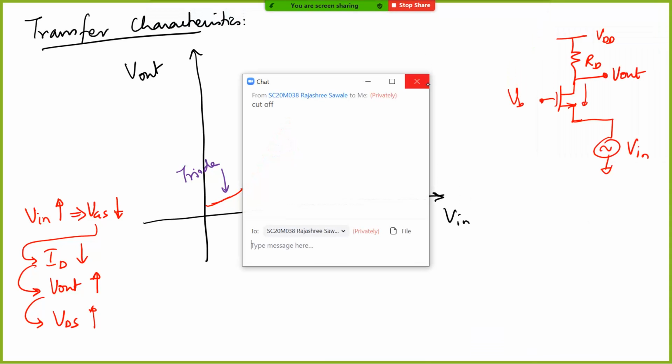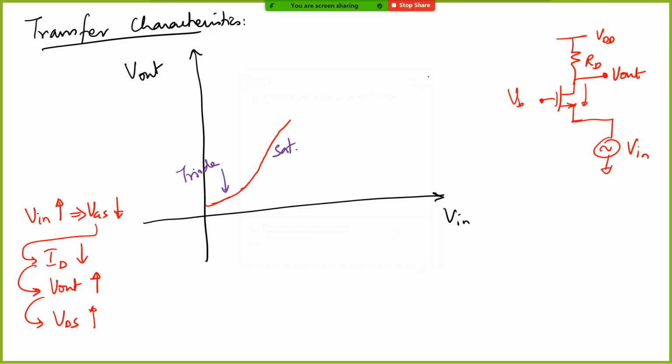The VGS will fall below threshold voltage. Exactly. VGS falls below threshold, and somebody said it will get into the cutoff region. Exactly. So exactly where will it go? That is when Vin reaches VB minus VTH, right? It goes into the cutoff region, and once it gets cut off, there is no current flow. V out becomes VDD. Okay. So this is how it basically works.